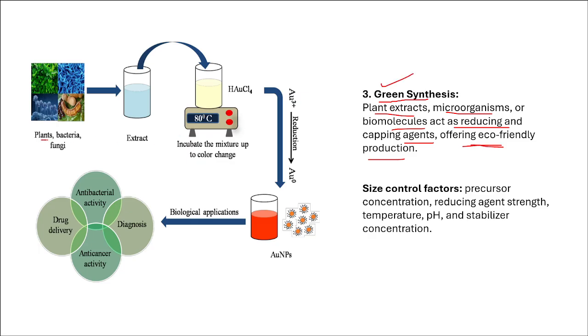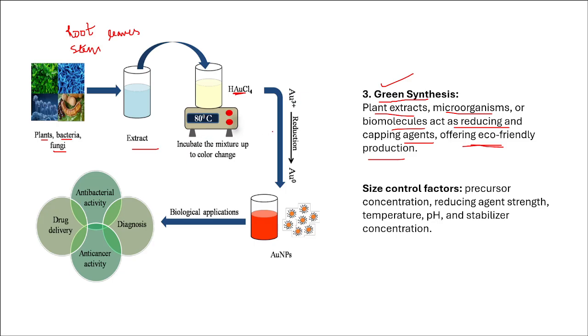So, suppose these are plants, bacteria, fungi. Suppose there is some plant. There are different plants, and it's not just the whole plant. Sometimes root, stem, leaves. The extract of root, stem, leaves, etc. can be processed, and then you can add HAuCl4, which is basically the source for gold.